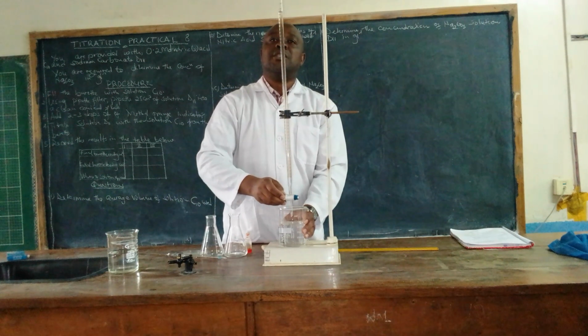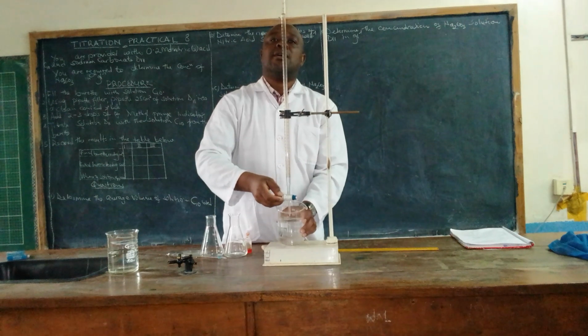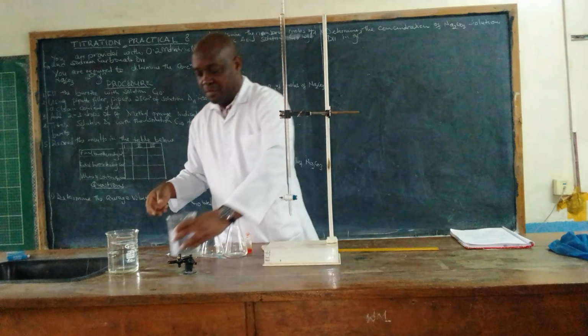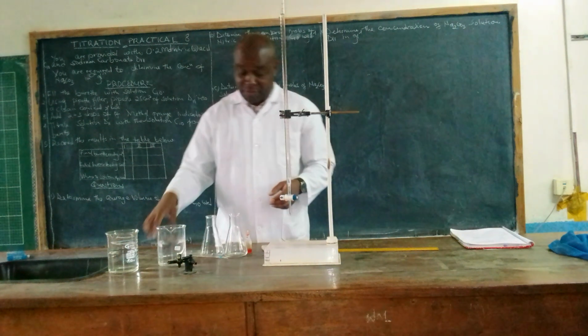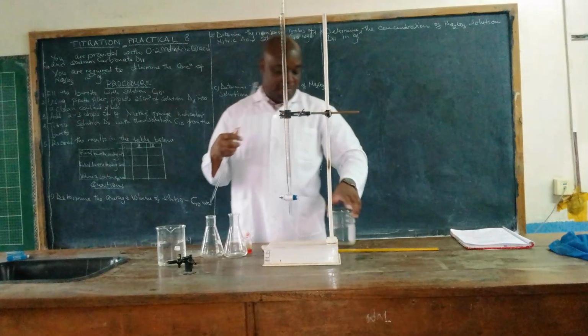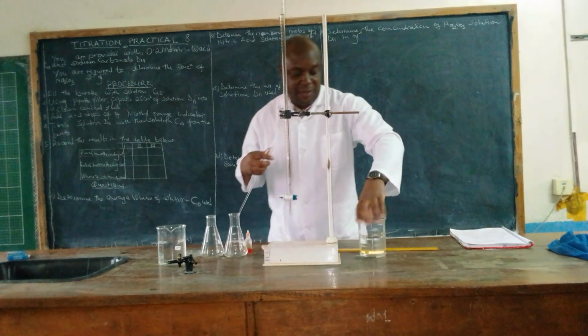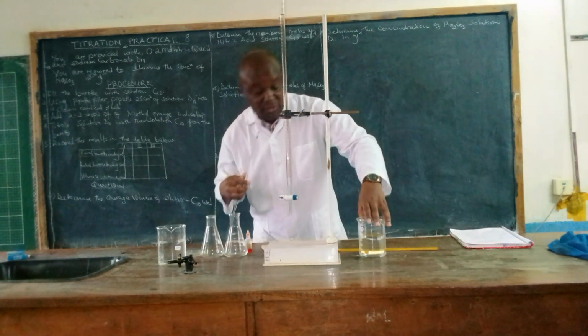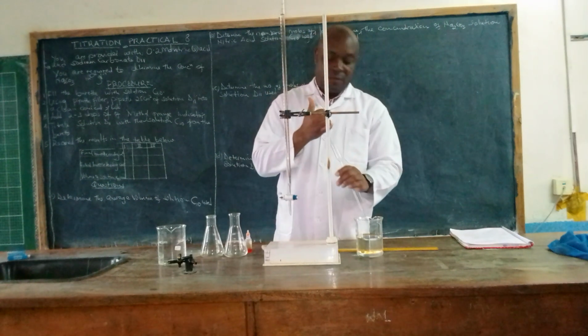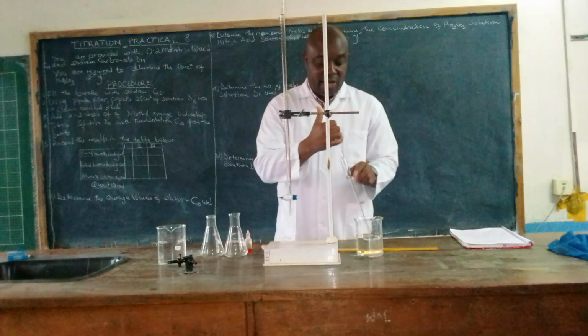So I'm reducing it up to the 0 mark. So that is the 0 mark now. After you have done that, I'm supposed now to pipette 25 cubic centimeters of sodium carbonate.